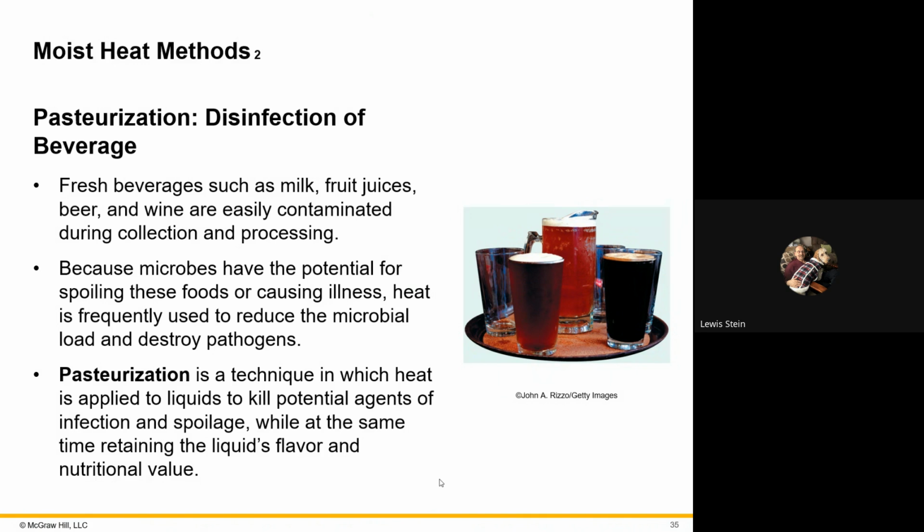Ultra pasteurization is about 140 degrees Celsius for a matter of seconds. They superheat the contents briefly, and they superheat the container.